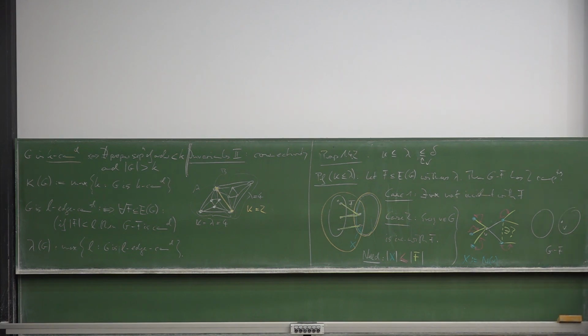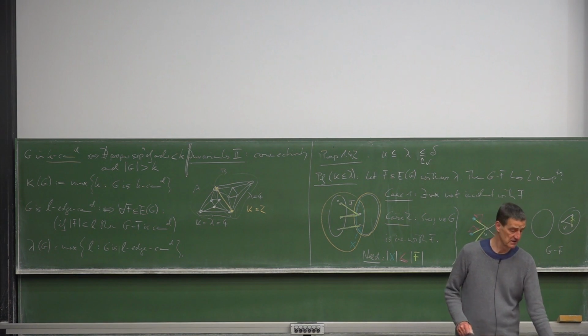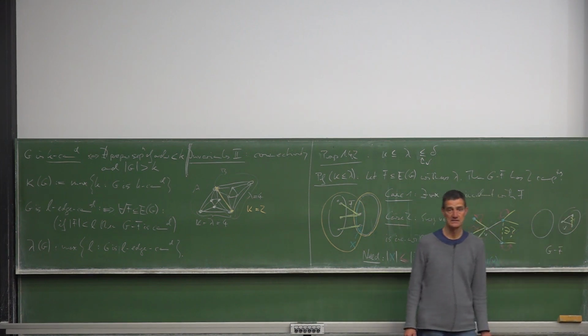Where do the other edges go? These other edges, well, they can't cross, because then that would put them in F. So they have to lie in the same component here, these other neighbors. But then that edge wouldn't be in F. It would be unnecessary, because then a proper subset of F would still disconnect the graph. So as I said earlier, F does not join any two vertices in the same component of G minus F. Right? F really is a cut with sides, these two components.